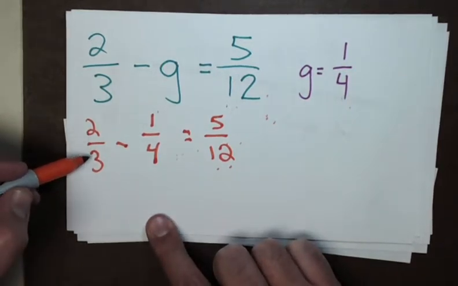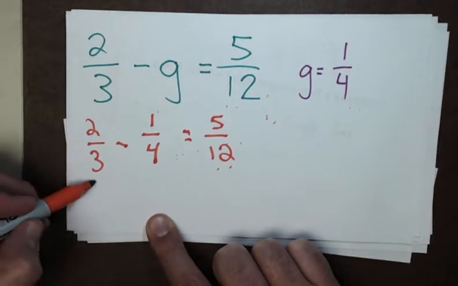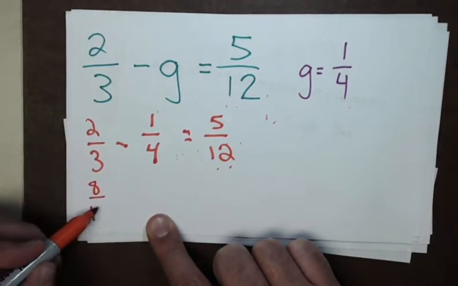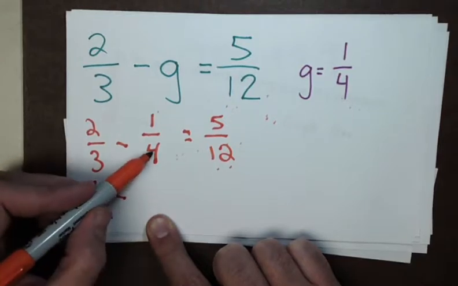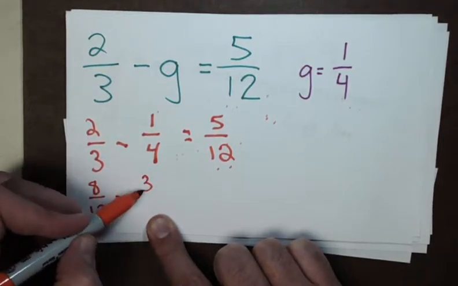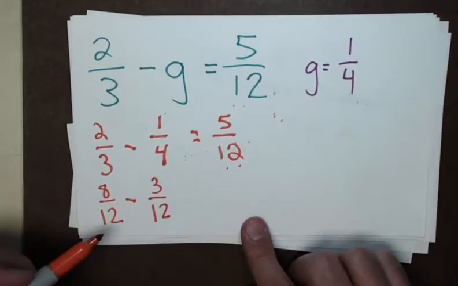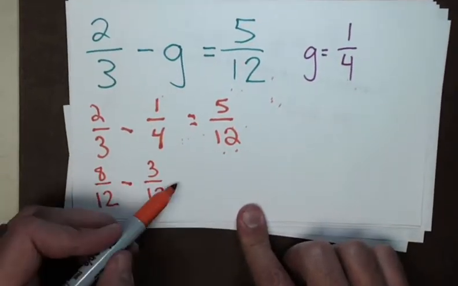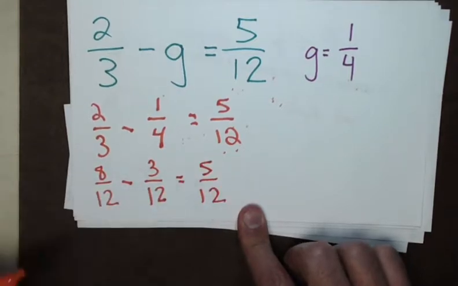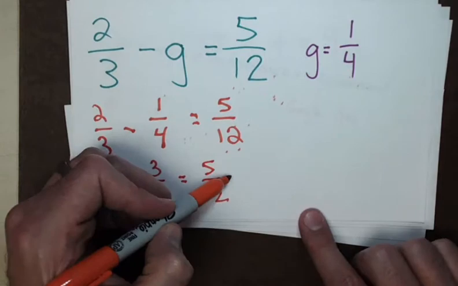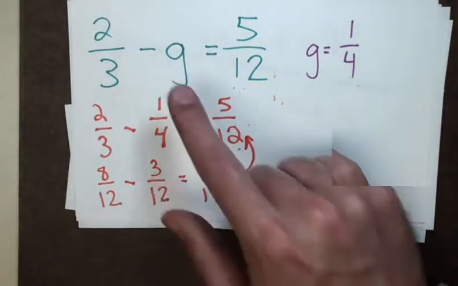Alright, so 2/3, if we multiply both of these by 4, we get 8/12 minus, now we multiply this one by 3, that's 3/12. Okay, so 8 take away 3 is 5/12. And so yes, g equals 1/4 is the solution to this equation right here.